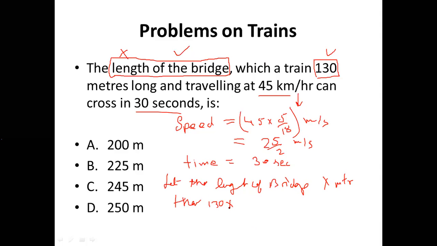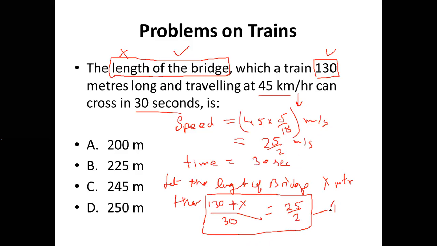So 130 plus x by time. Time is how much? 30 is equal to speed. That is how much? 25 by 2. We know the formula. Now solve this. This is the equation we get. Now solve this. Find the value of x.